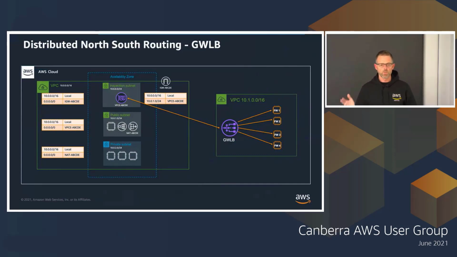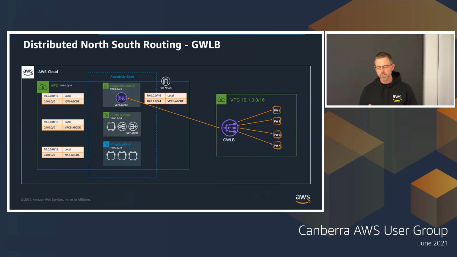So all of your return traffic will return through the Internet Gateway, through the Gateway Load Balancer endpoint, and out to the Gateway Load Balancer and the appliances, back into the inspection subnet, and onwards to its destination. So reasonably simple.